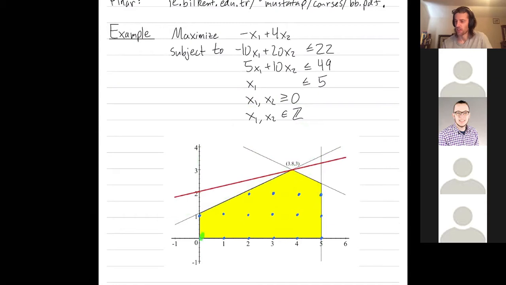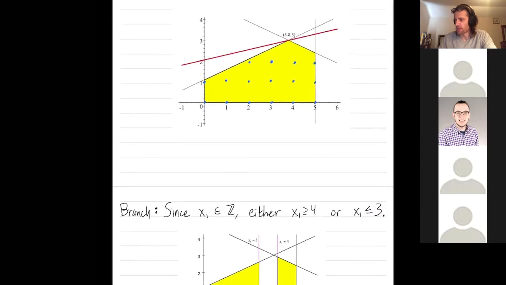So we're looking for a solution on these blue integer lattice points that lie inside the feasible region. Most integer linear programming problems that can't easily be solved by relaxing them are often solved by some variant of branching and bounding. So this is an important method for integer problems.